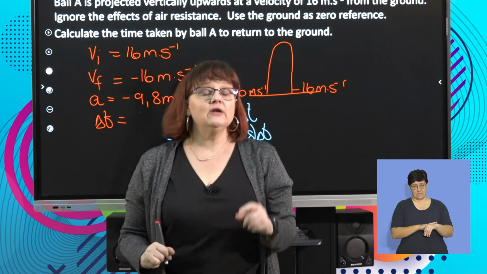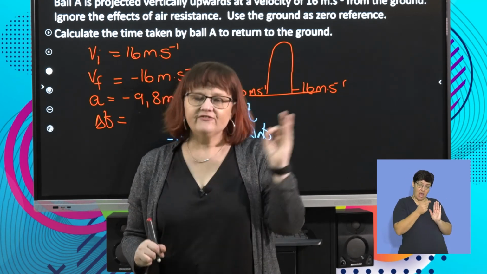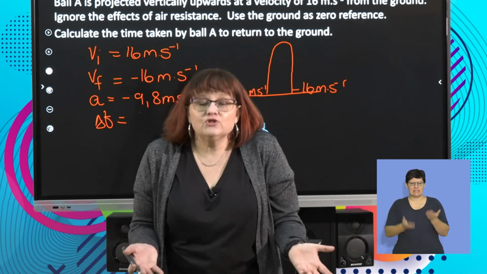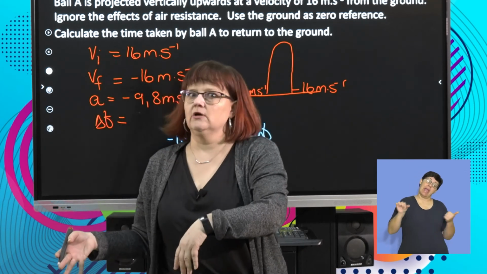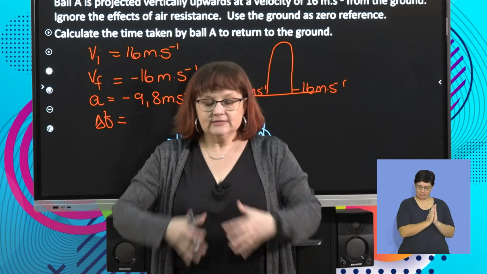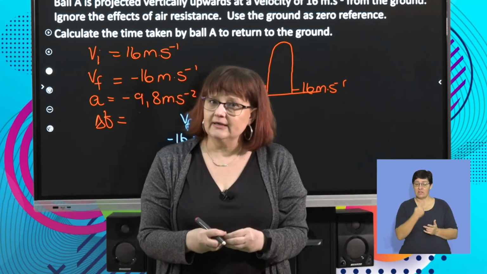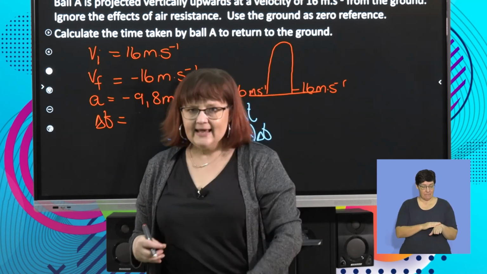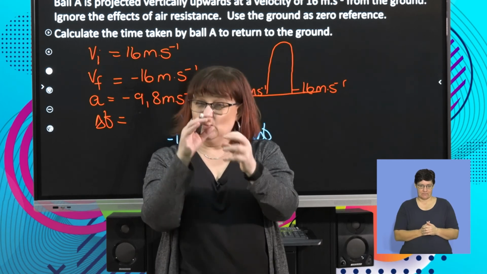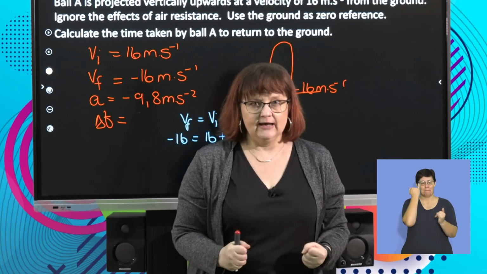If I calculate time and I get a negative answer, I have made a mistake. Time is a scalar. As much as we would love time to go backwards, it can't. It doesn't have a direction. Time is just time. So that means when I do my calculations, I must get a positive time. So that's a check for you. If you get negative time, you've made a mistake with your signs.